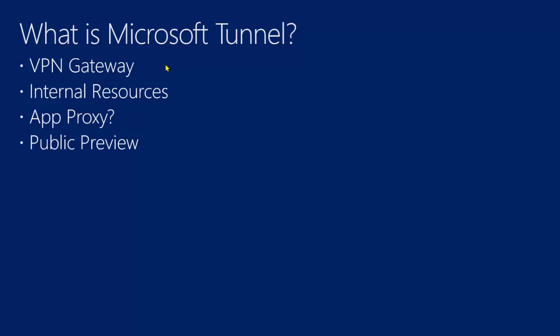So what is it? Essentially, Microsoft Tunnel is a VPN gateway. It is a VPN gateway that is Intune focused and deployable, so that devices managed by Intune have another avenue by which they can access internal network resources. That's the point.